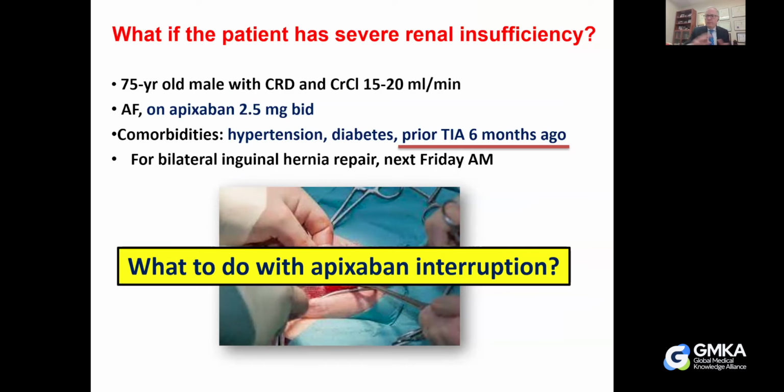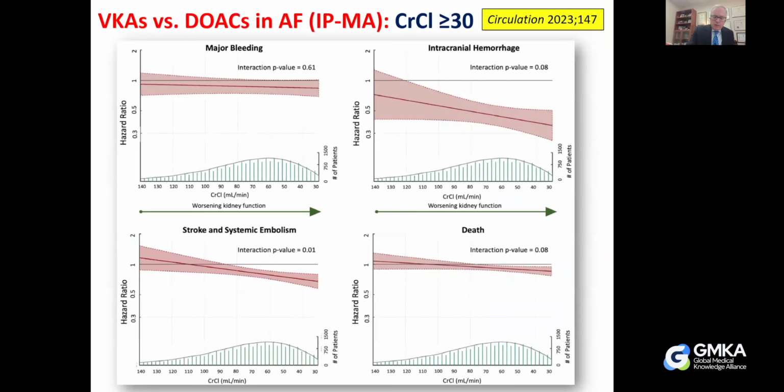Now, we know from some of the larger studies that compared DOACs to the vitamin K antagonists, if we look at the outcomes according to renal function, you'll see that the benefit of the DOACs over the vitamin K antagonists is accentuated in patients with worsening renal function.